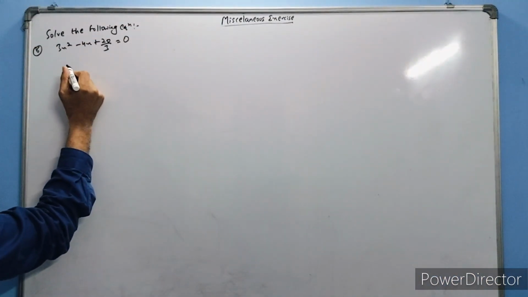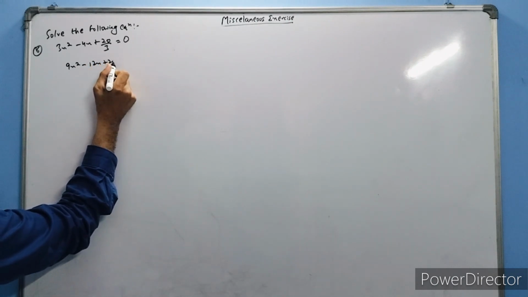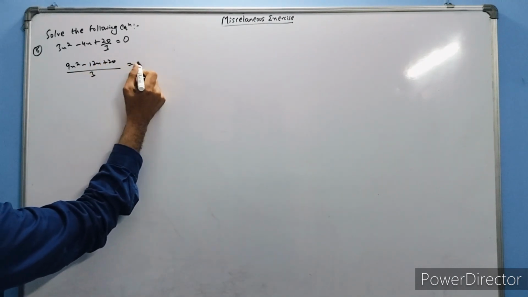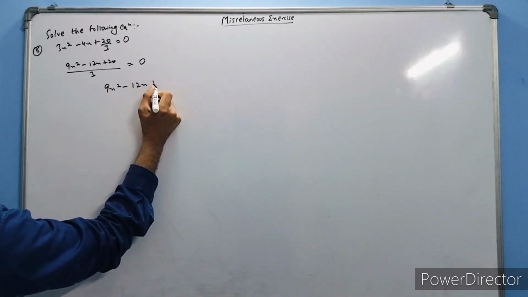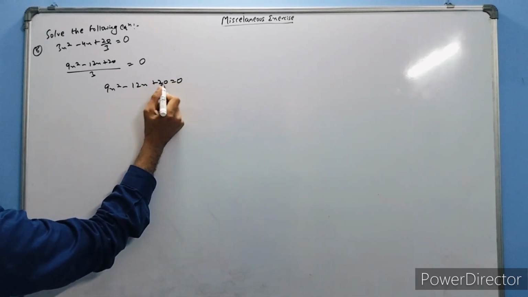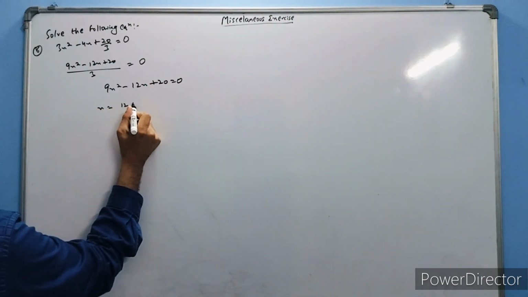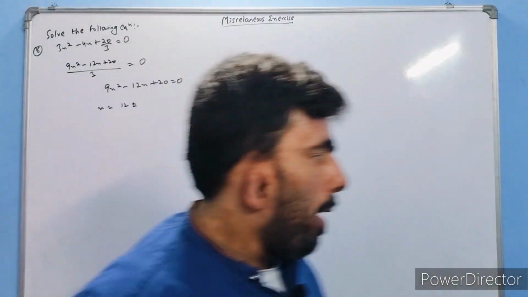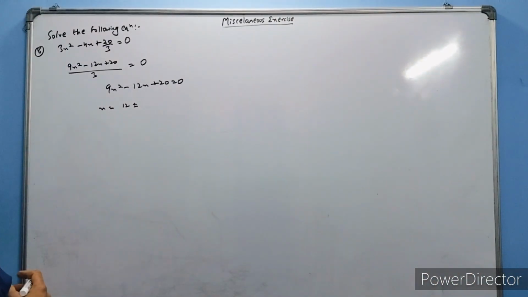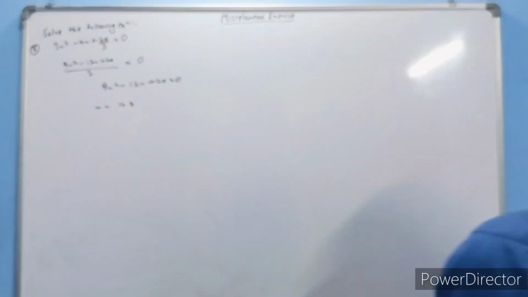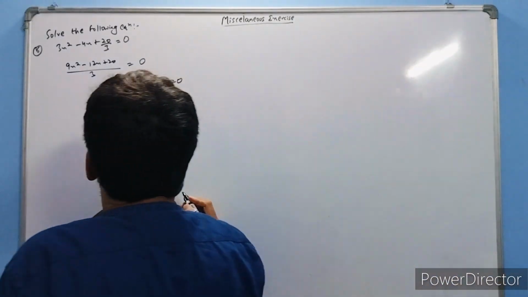How? We'll take LCM first. 9x square minus 12x plus 20 upon 3 is equal to 0. So now I have the equation that is equal to 0. Okay, so now we'll try to solve. We'll apply the class 10th formula here. So now very simple thing they have given.